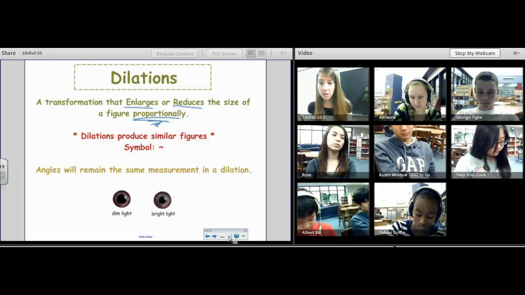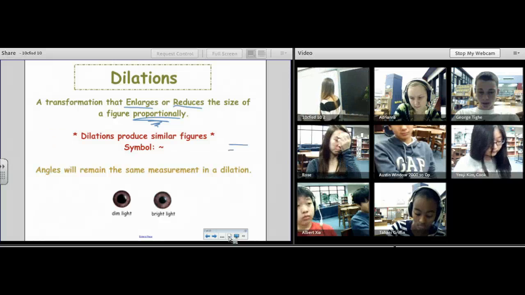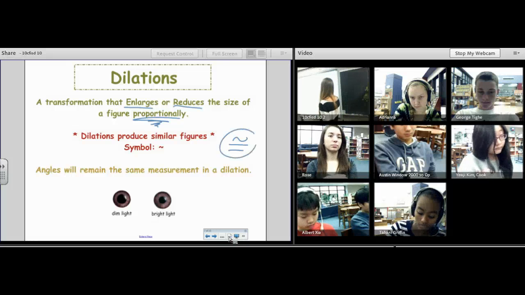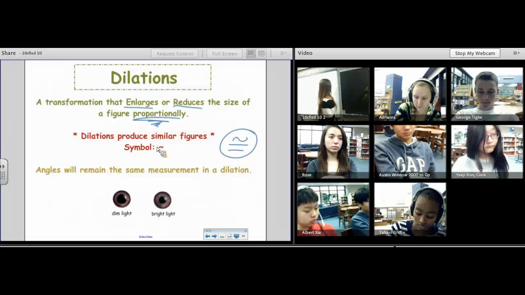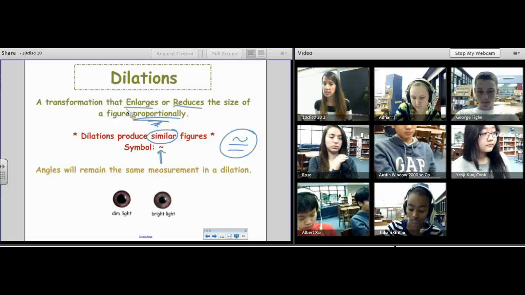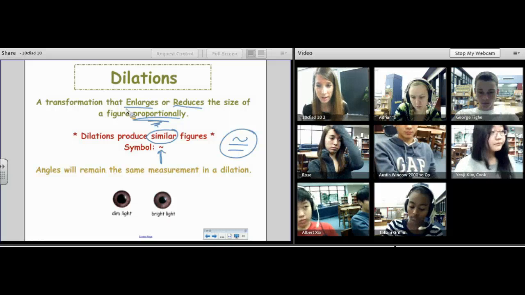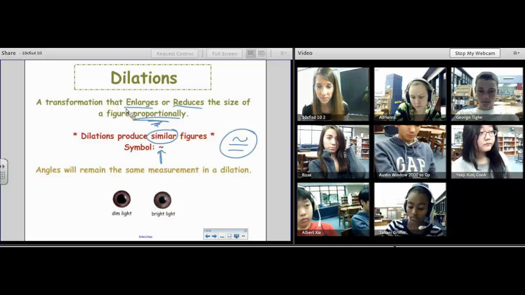Now, all the other transformations produce congruent figures. But a dilation produces similar figures. And the symbol is just a squiggly. It's not an equal sign with a squiggly over it. It's just a squiggly, or like a tilde, right?